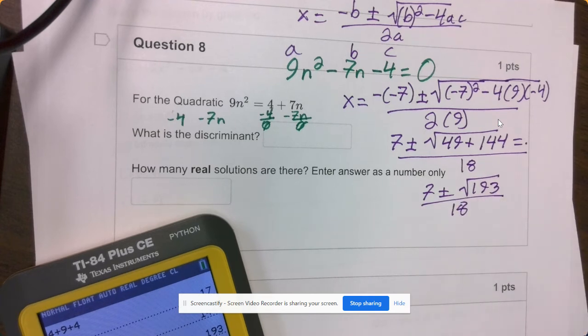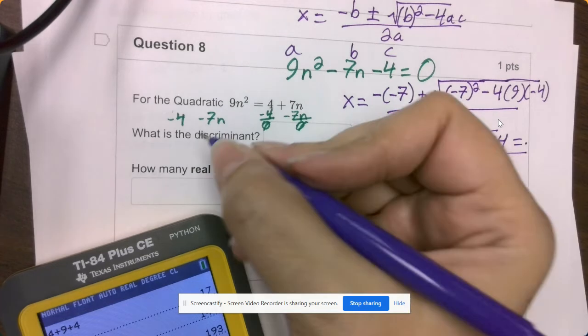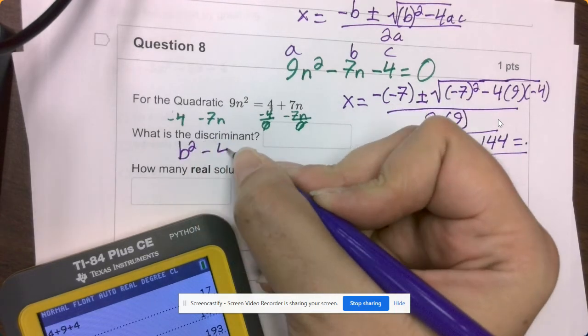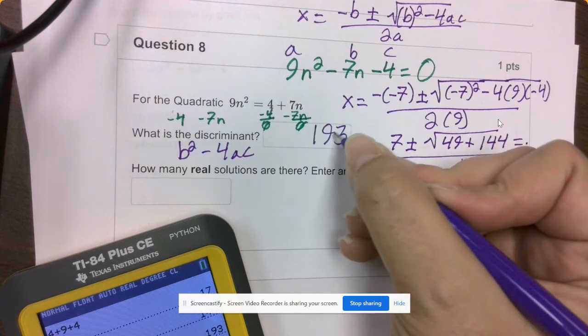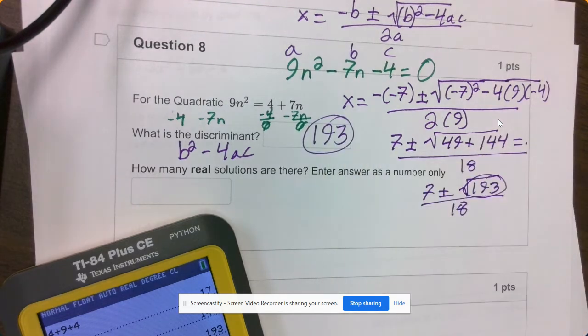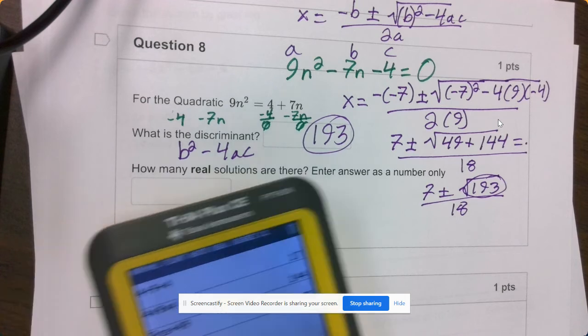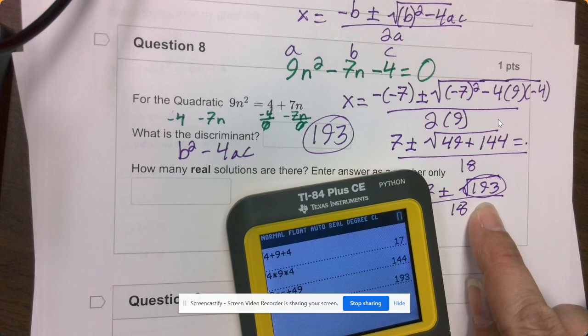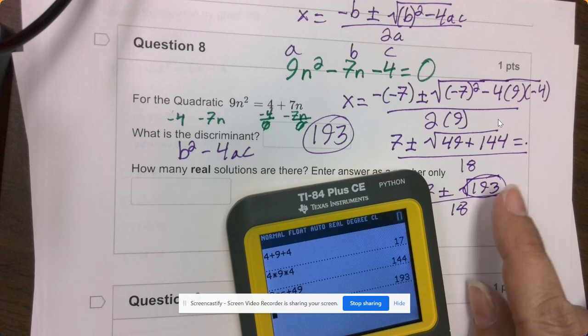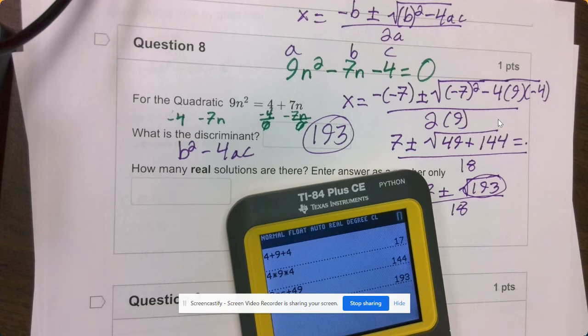That's just this part. Okay, discriminant, everybody, is b squared minus 4ac. So it's just going to be 193. How many real solutions are there? Everybody, you can also check by graphing, but remember the discriminant, if it's a number and not 0 and not negative. Okay, so if it's not a negative square root, it's going to be 2.